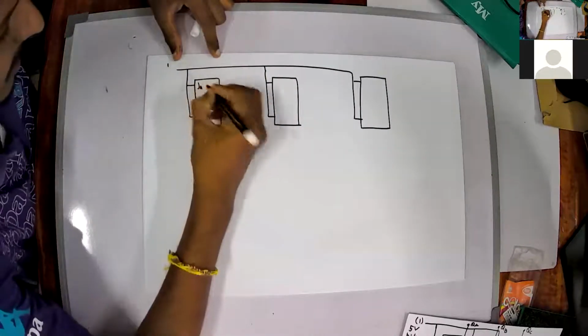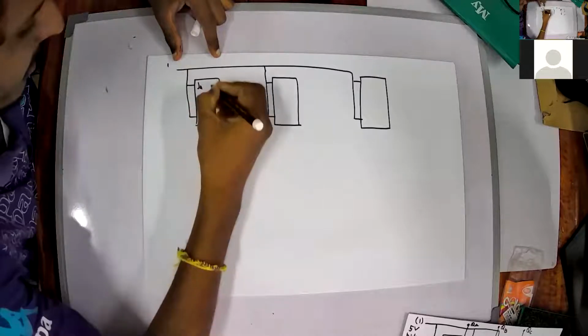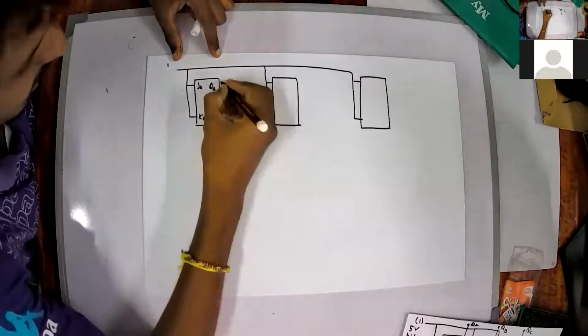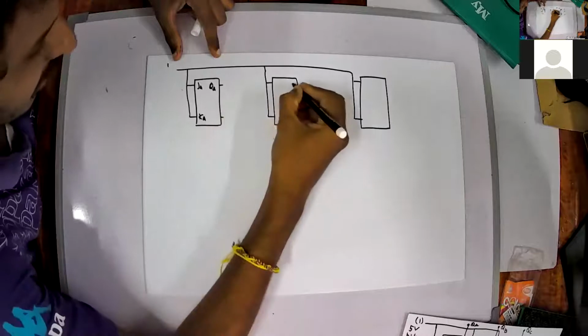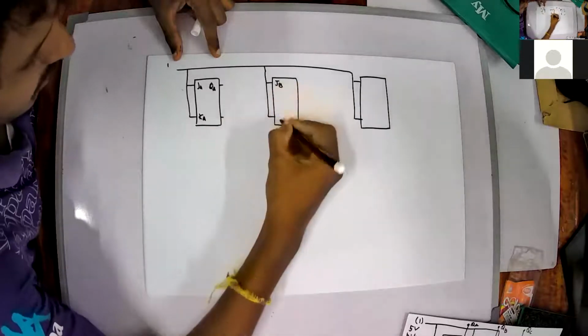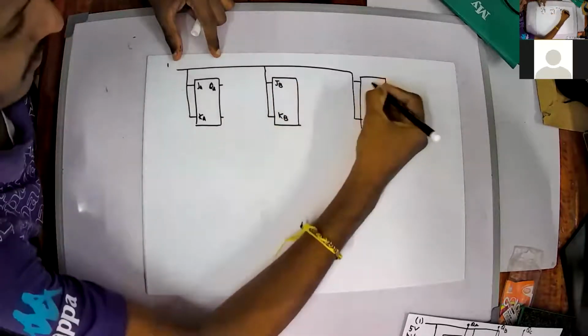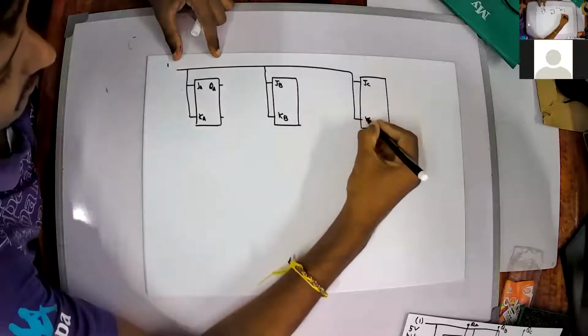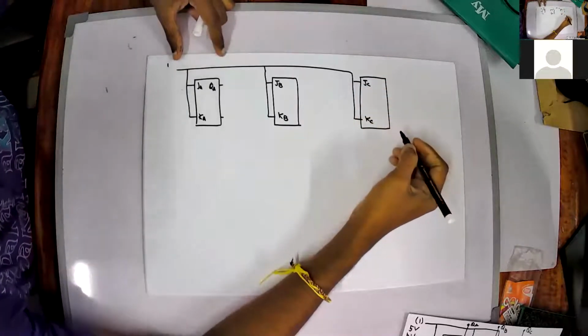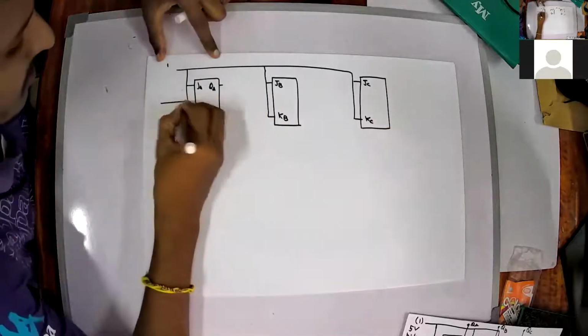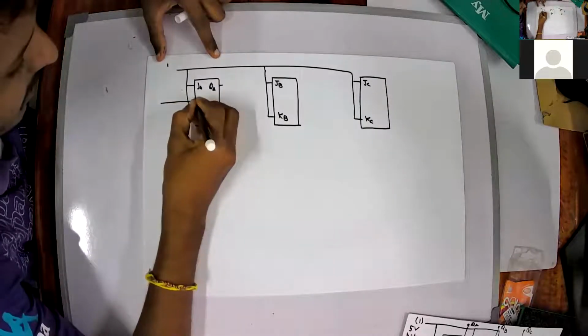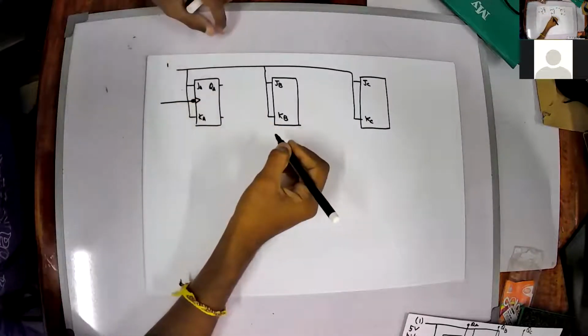So JA, KA, QA, and this is QA bar. JB, KB, JC, KC. This is my clock, a negative edge triggering clock.